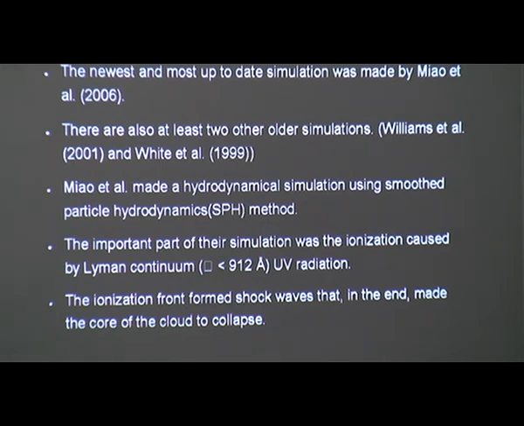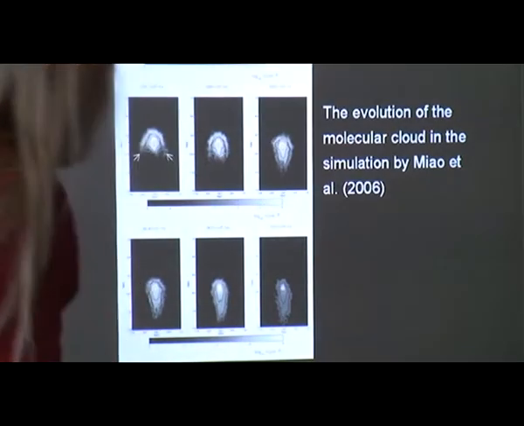Although there was also the same ionization feature, I think, in the Williamson paper, but it was a 2D simulation, so a little less complicated. The ionization actually caused shockwaves that in the end made the tip of the cloud collapse and form stars.